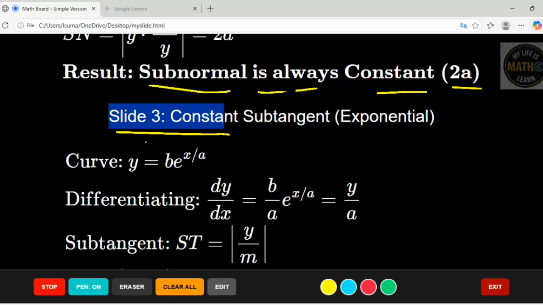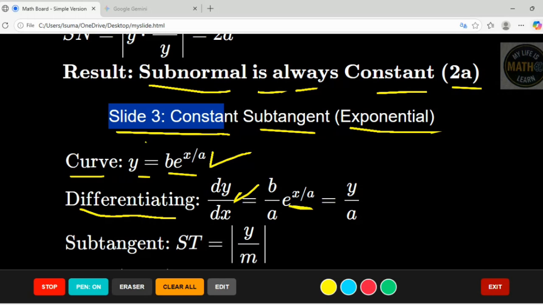The constant subtangent for the exponential function. Here the exponential function curve is y is equal to b into e power x by a. Differentiate both sides. dy by dx is equal to b e power x by a, and the differentiation of x by a is 1 by a.